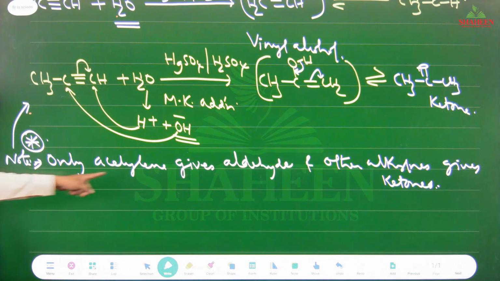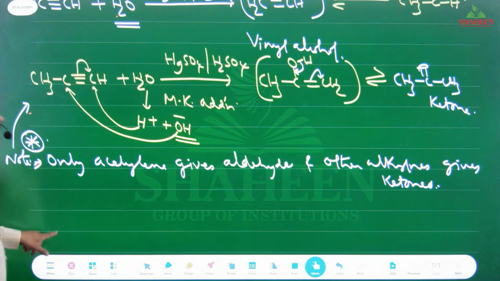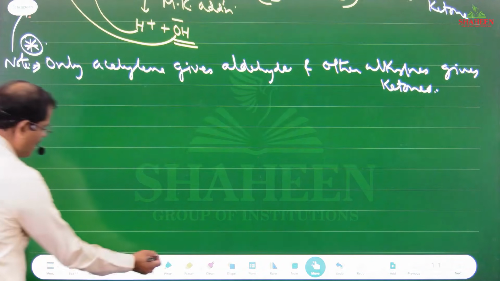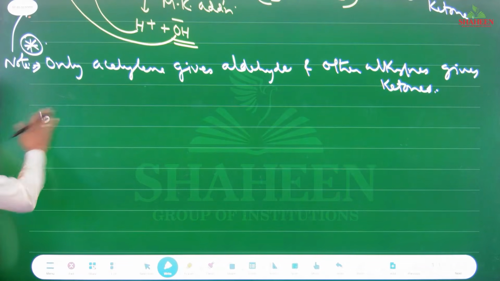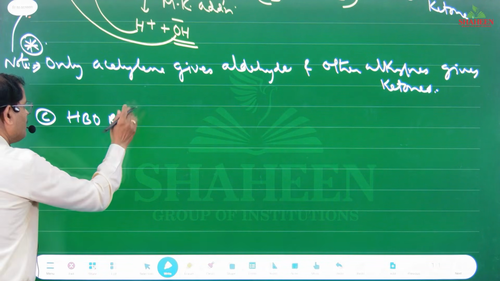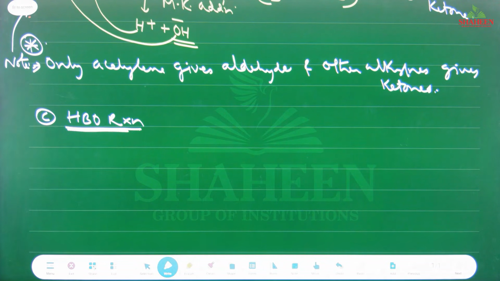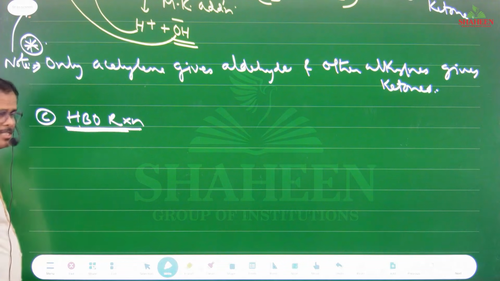Only acetylene can give aldehydes, and other alkynes can produce ketones. And another reaction is the HBO reaction. HBO is nothing but hydroboration and oxidation.